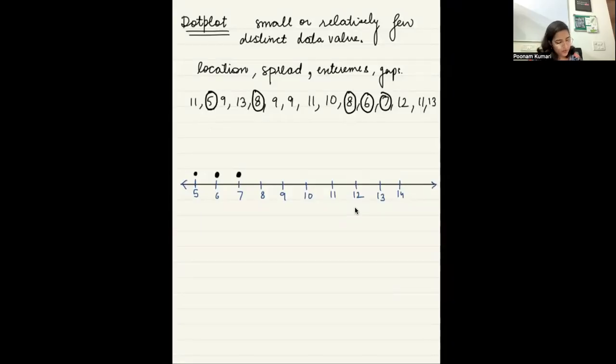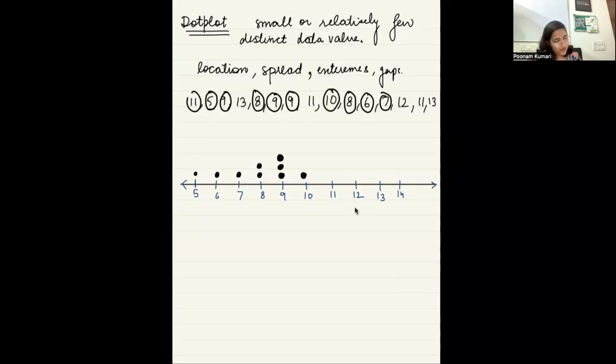So you put one dot here and then another dot on top of it. Now we have 9. There are three 9s, right? So you put one dot here, another dot on top of it, and then another dot on top of it. Three dots. Then we have a 10. We only have a single 10, so we'll put it here. And then we have 11.